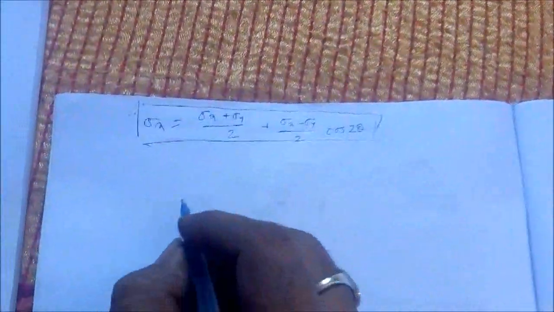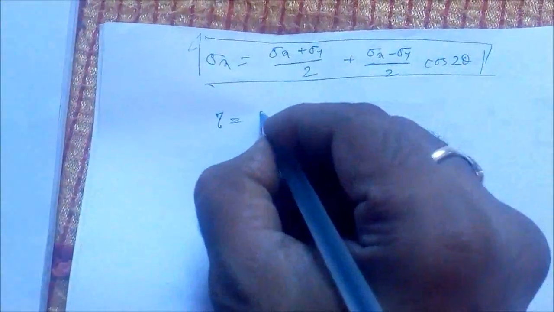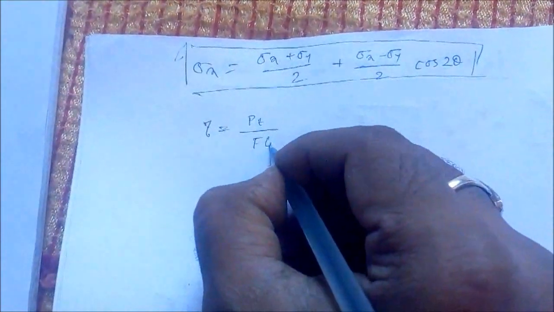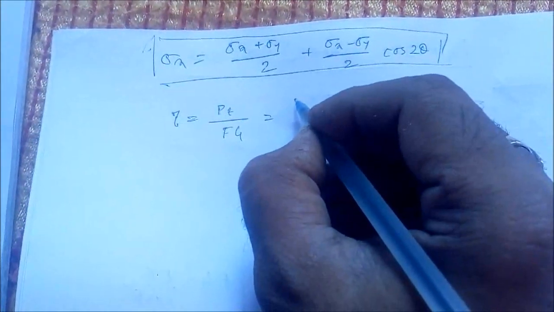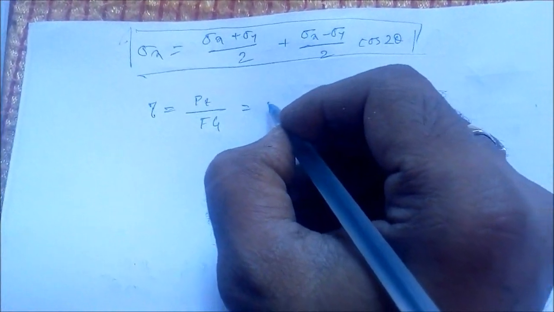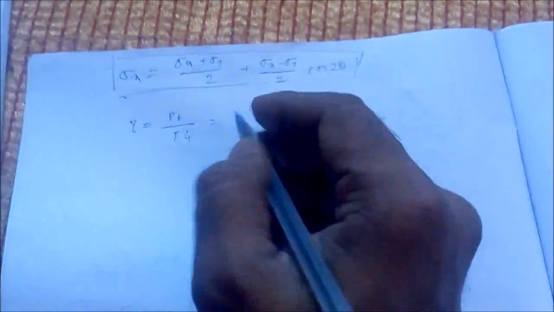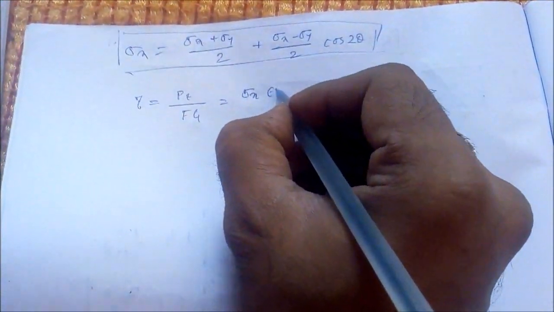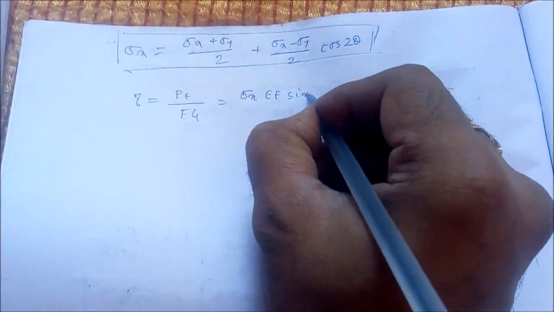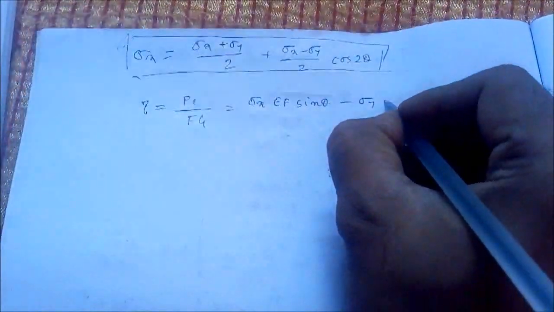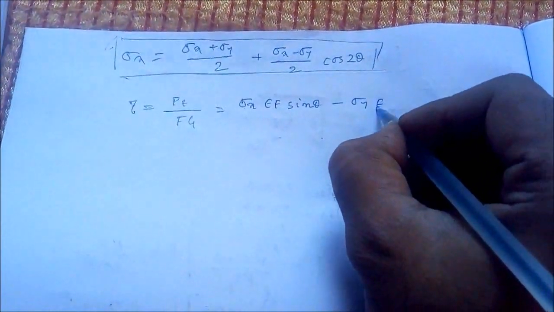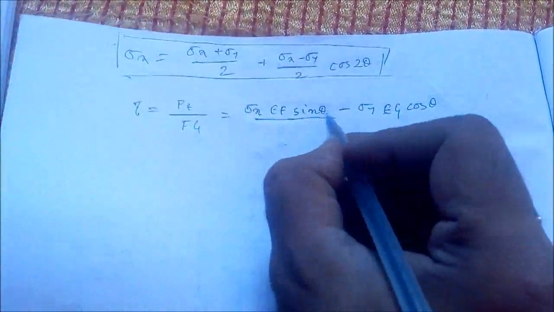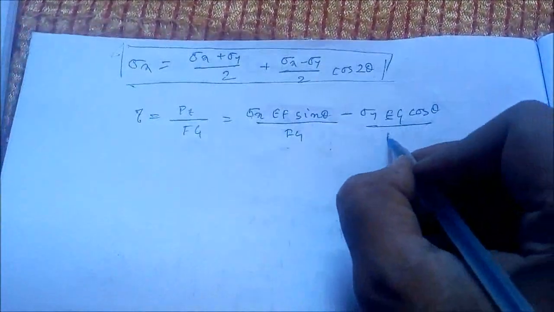And what will be the value of tau then? The value of tau, similarly, will be equal to Pt by the plane area, that is FG, right? And we have already found the value of Pt over there. This value has come sigma x EF sin theta minus sigma y EG cos theta, and if we divide this by FG, we will be getting this, right?